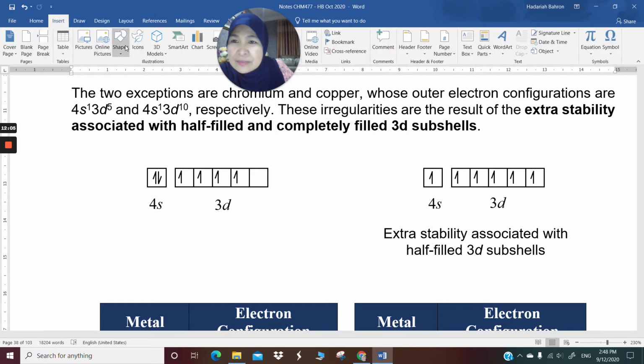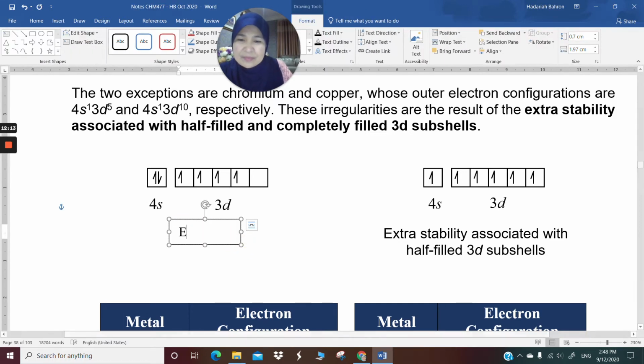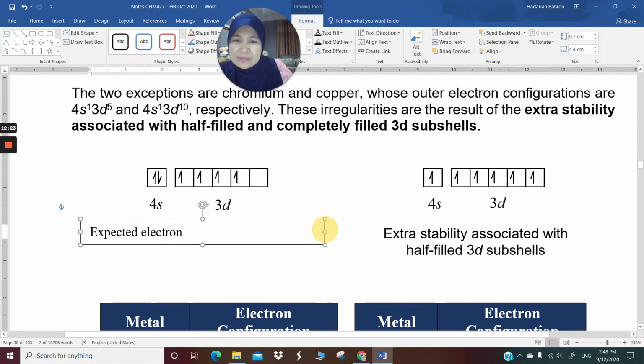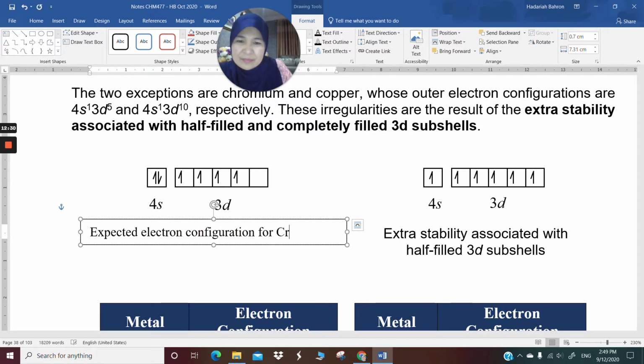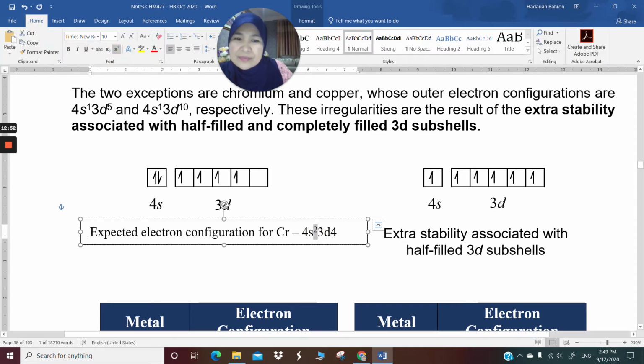Chromium, 4s2, 3d4. Yep, that's what is expected.